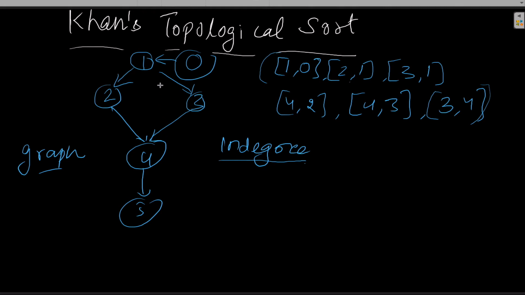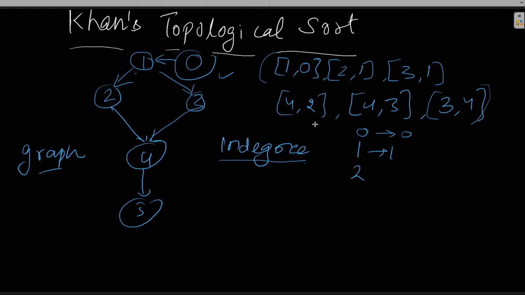So for example, in the case of node 1, we only need to complete 0. So 1 has an in-degree of 1. And for 0, we don't need to complete any node, so we can start with 0. So the in-degree of node 0 is 0.